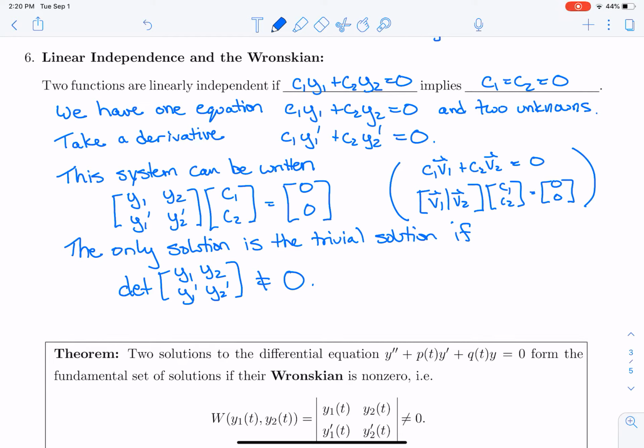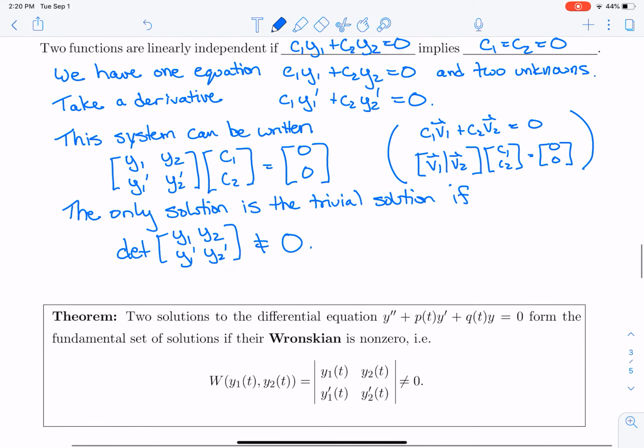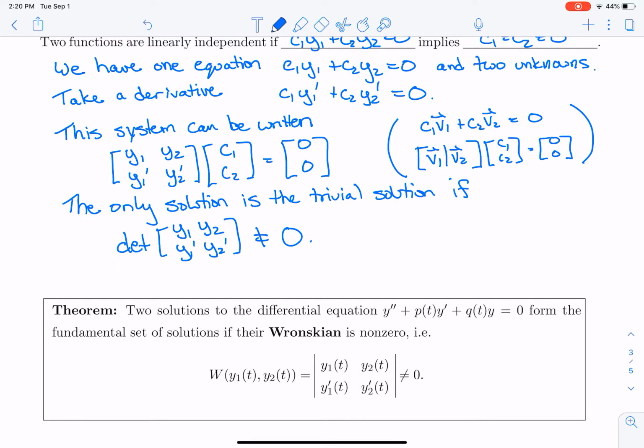Well, the determinant of that matrix has a name. It's called the Wronskian. And so the Wronskian can be used to determine whether two solutions to the differential equation are forming the fundamental set of solutions if they are linearly independent.